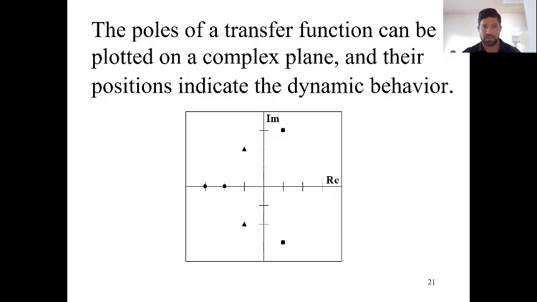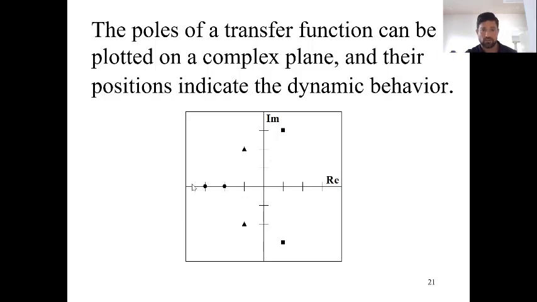So we can plot the poles. If we know the poles of the transfer function, we can plot them to determine the dynamic behavior and the stability. This is called a root locus type plot. We can plot real versus imaginary roots.